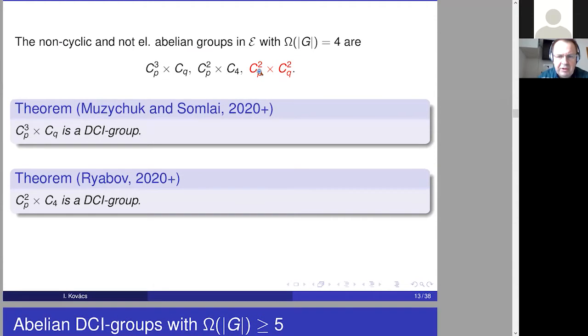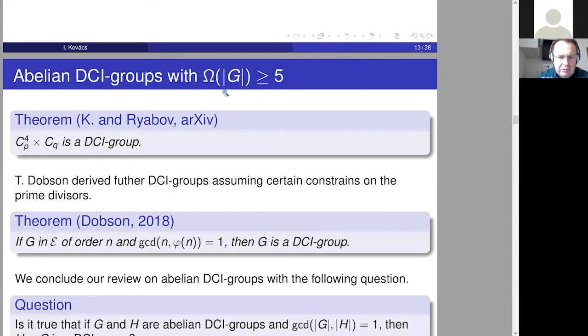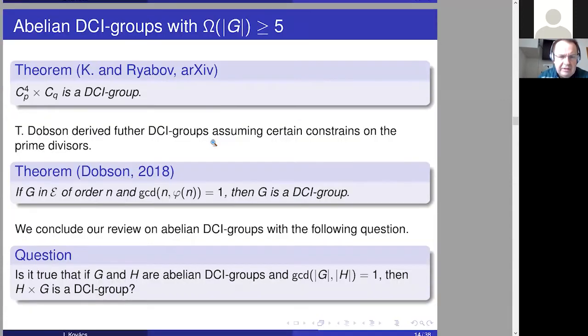So here we have a missing group. It still has to be done. And if we go with the number of prime divisors at least 5, we have a recent result with Grigory Ryabov that the elementary abelian group Cp to the 4 direct product with Cq is a DCI group.